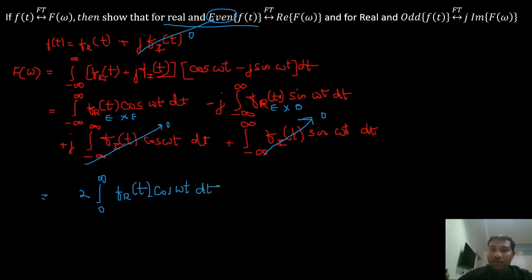Now this is an odd function, f r of t into sine omega t. The product of an even and an odd function is an odd function. When you integrate an odd function from minus infinity to plus infinity, this also goes to 0. So we are left with this one. So what is this here? It is just the real part of F of omega, right? Real part of F of omega.